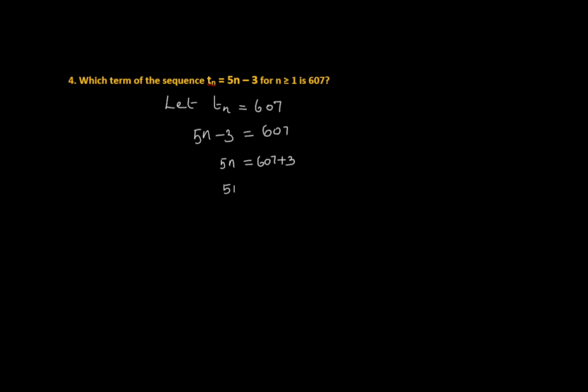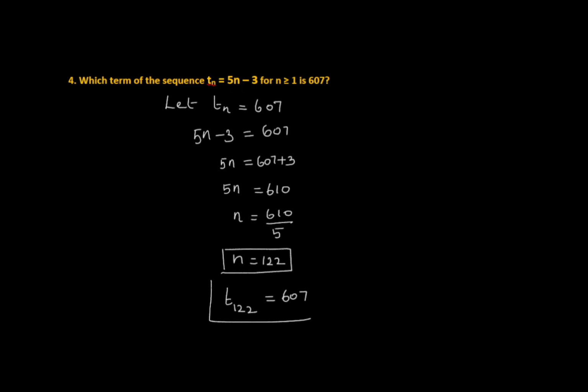So 5n is equal to 610. n is equal to 610 by 5. So n is 122. T122 is equal to 607. 607 is the 122nd term in this sequence.